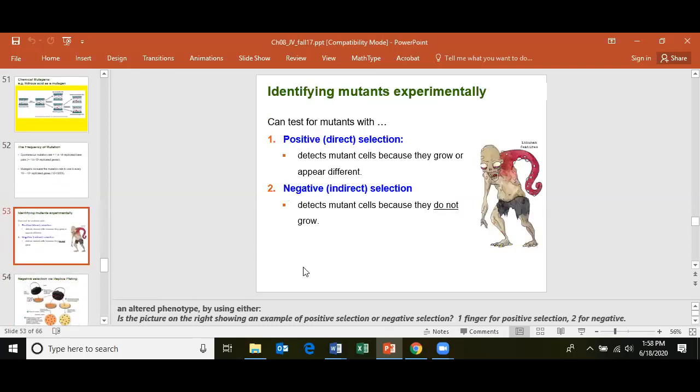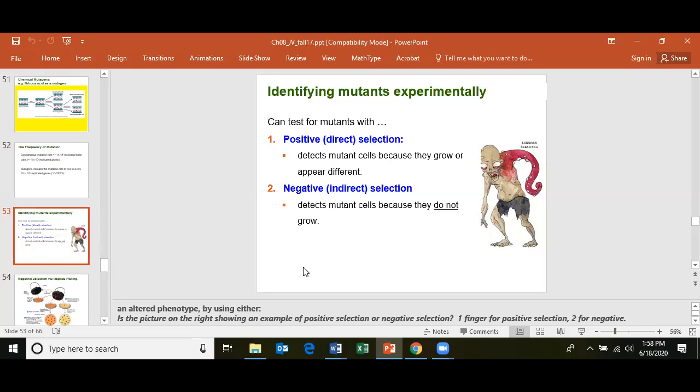Now, how can we identify a mutant? It can be done experimentally to test for mutation, and there are 2 ways to do that, meaning 2 ways to test for if there is a mutation. The first is a positive or direct selection. You detect the mutant cells because they grow or appear differently than the non-mutant cells.